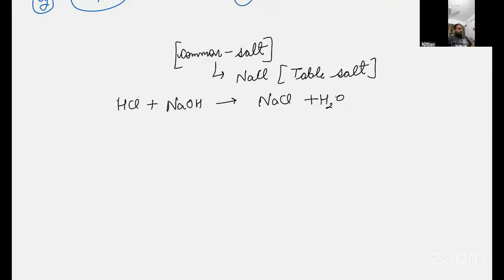Deposits of salts in the bed of sea become brown in color due to impurities, and are called rock salt, and in bracket write kala namak.